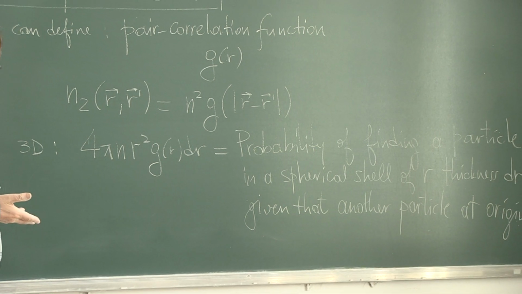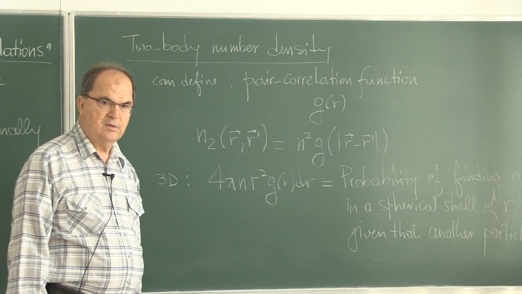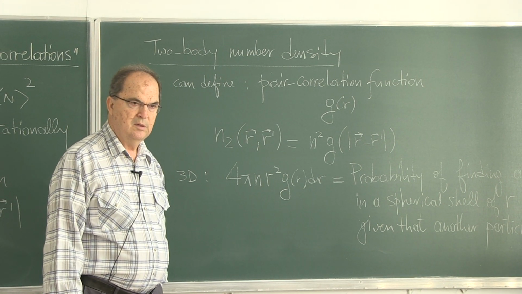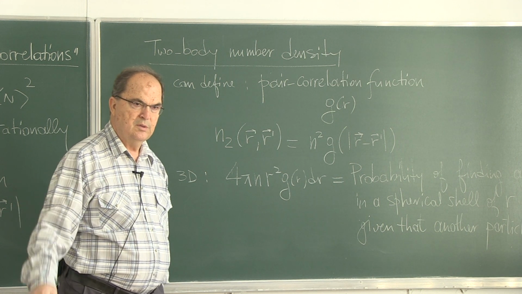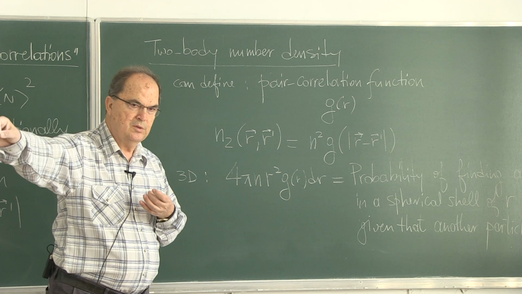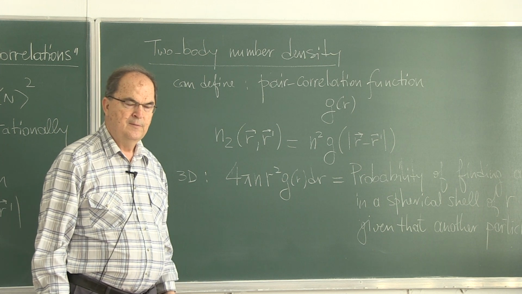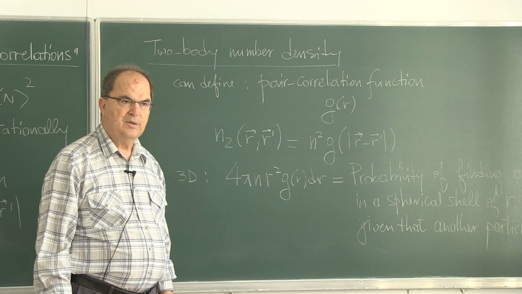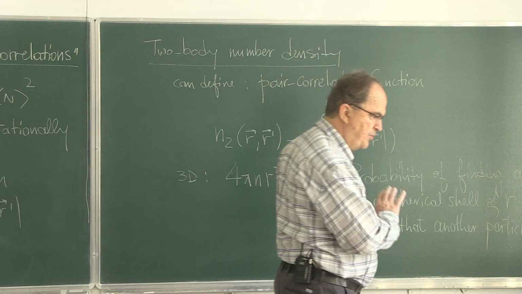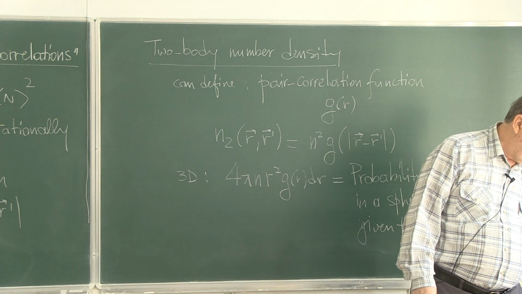So if we know this function, more or less we know the structure of the system. Atomic structure, I mean, isn't it? Where are the atoms? What is the probability of finding a second particle at a certain distance if the one is at the origin? And these can be measured experimentally. I will give you explicit forms of this function next lecture, okay?